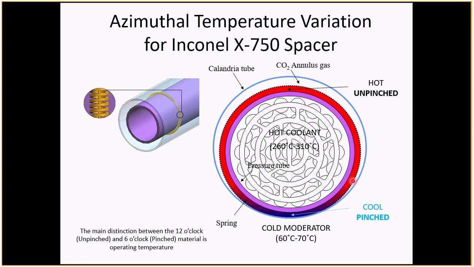Anyway, what's the interesting feature? One of the interesting features is that these spacers go around the pressure tube. So the pressure tube is hot, the moderator is cold. So where the spring is pinched between the pressure tube and the calandria tube, the moderator, it's cool in the pinched zone. But everywhere else is hot. And it's hot from the heat from the pressure tube, but also you've got nuclear heating.